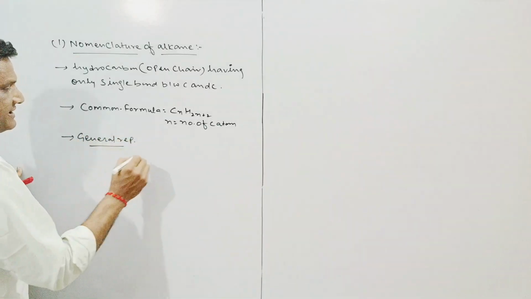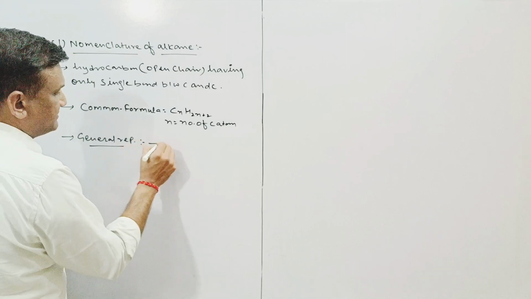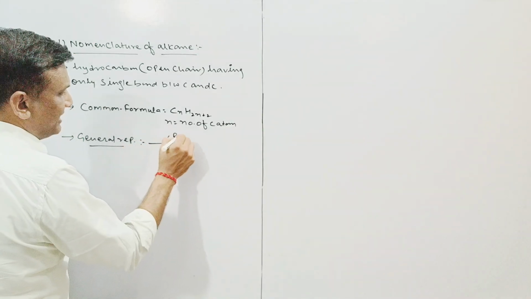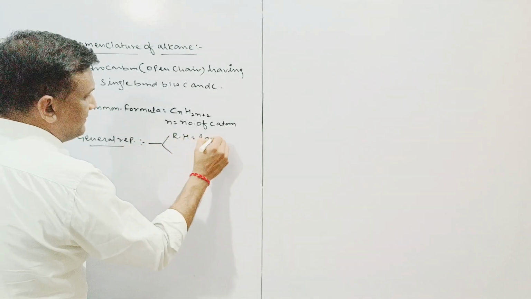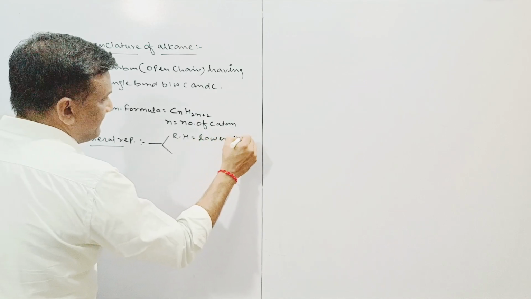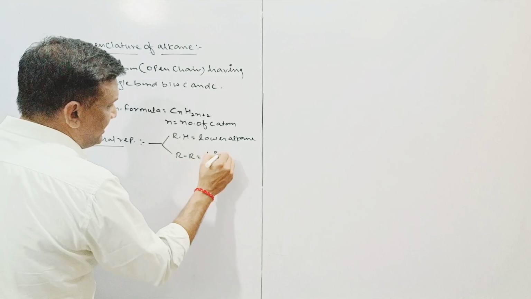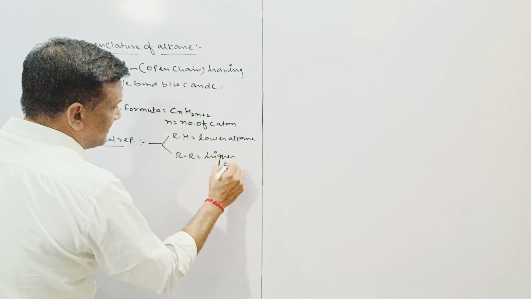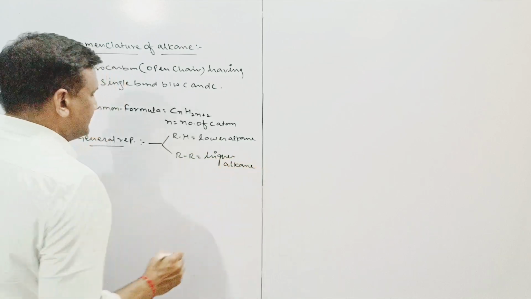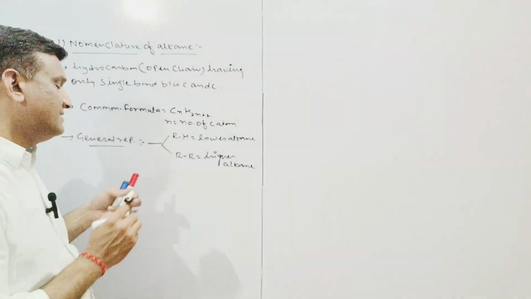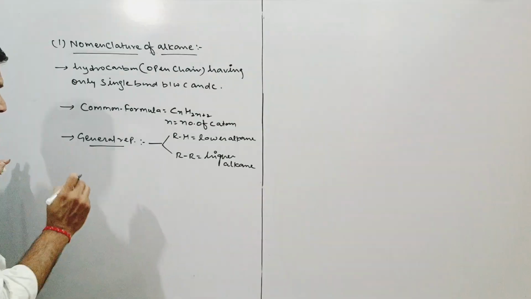As a general representation, we can take two ways: one is RH for lower alkane, and R-R for higher alkane. This was about the representation. Now I would like to go with the nomenclature.